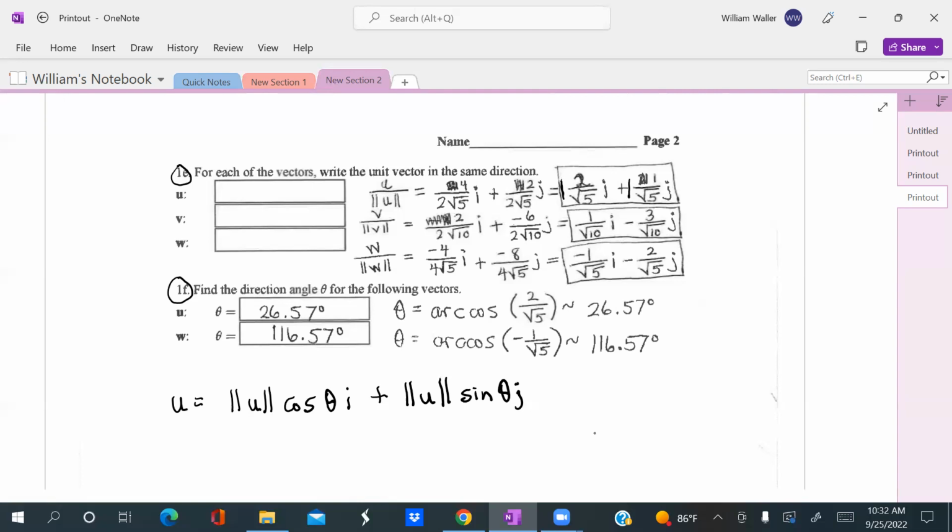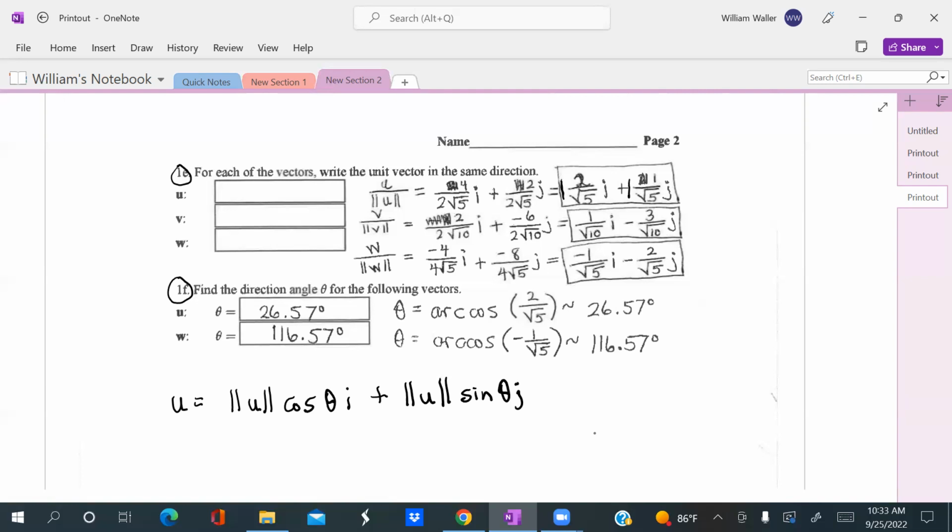So you can write this standard form as 1 times 2 over the square root of 5 times i, plus 1 times 1 over the square root of 5 times j, because the magnitude of this unit vector is 1. Since the magnitude is 1 in both of these terms, that tells us that the cosine of theta, the cosine of the direction angle for this vector, has to be 2 over the square root of 5.